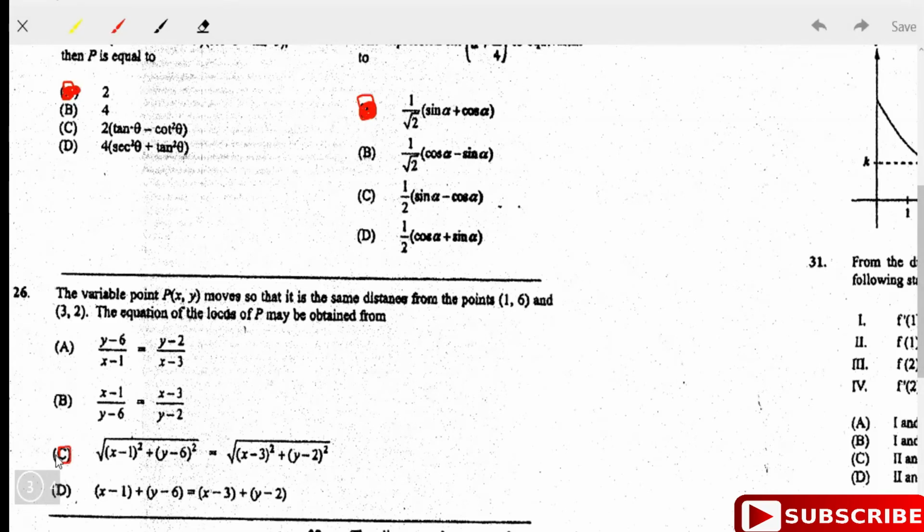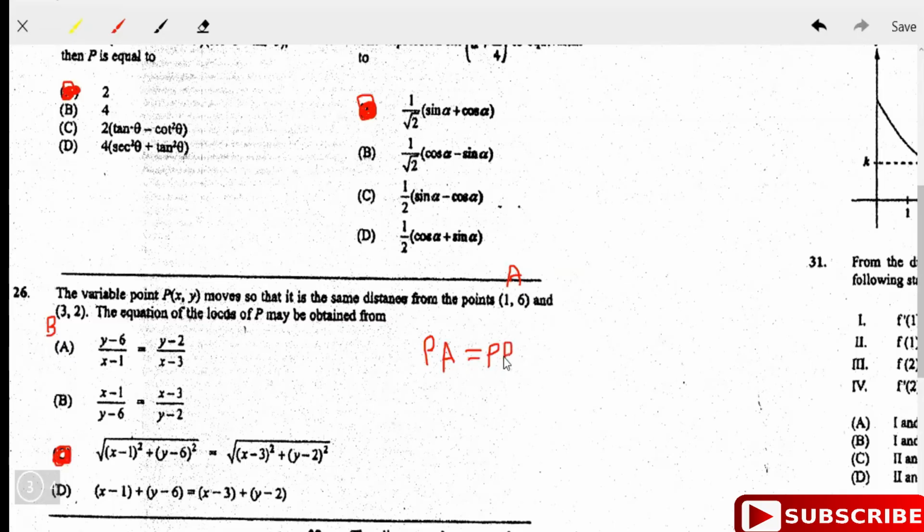And it says the variable P moves so that it has the same distance from 1, 6 and 3, 2. So you can call 1, 6 A and call 3, 2 B. And so what they're telling us is that PA is equal to PB.